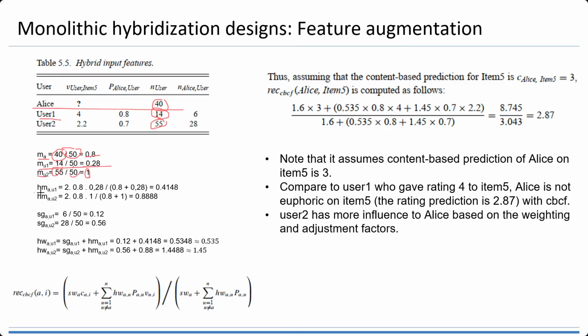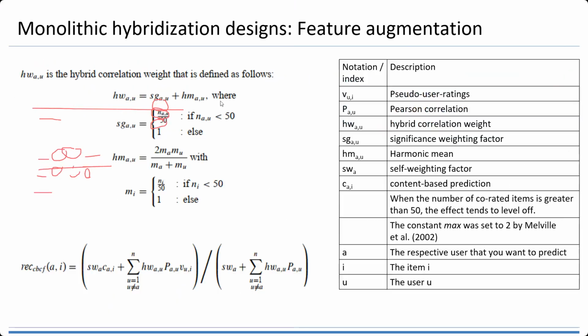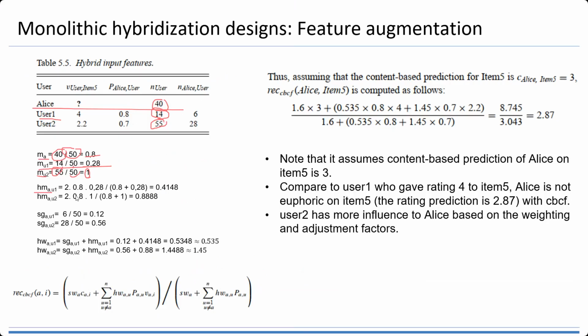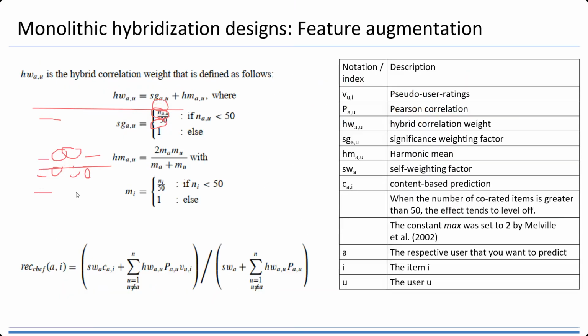So HM. What is HM? Based on the formula, HM is this one: 2 multiplied by MA MU divided by MA plus MU.